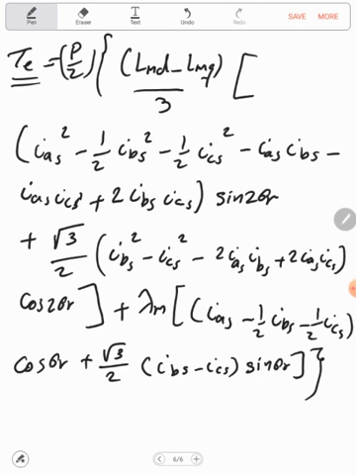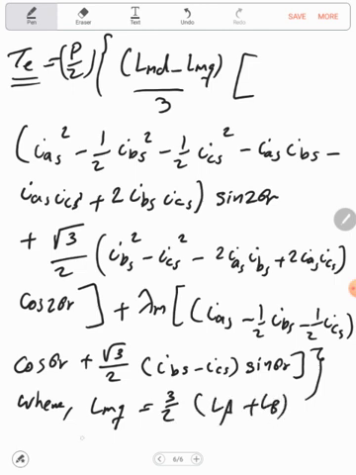And here, to finish the definition, we should give the definition for LMD and LMQ, although we already know them from the synchronous machine. So LMQ is equal to 3/2 (LA plus LB), and LMD will equal 3/2 (LA minus LB).